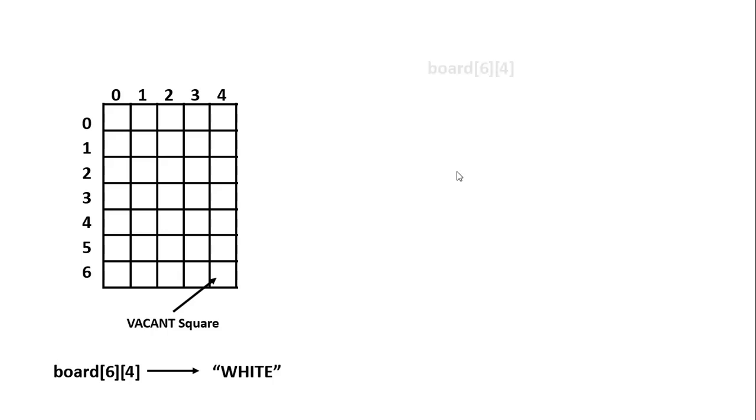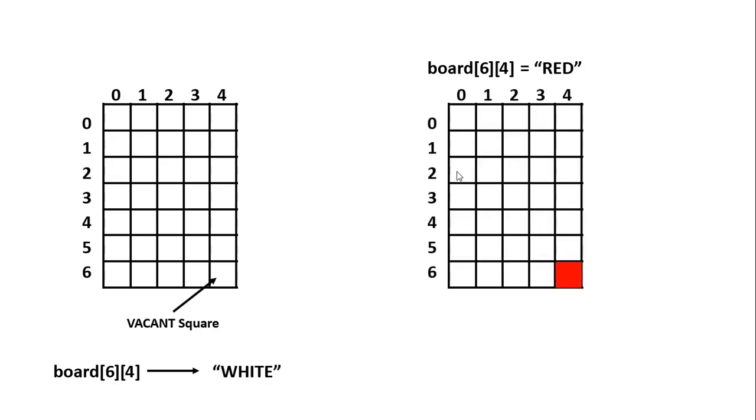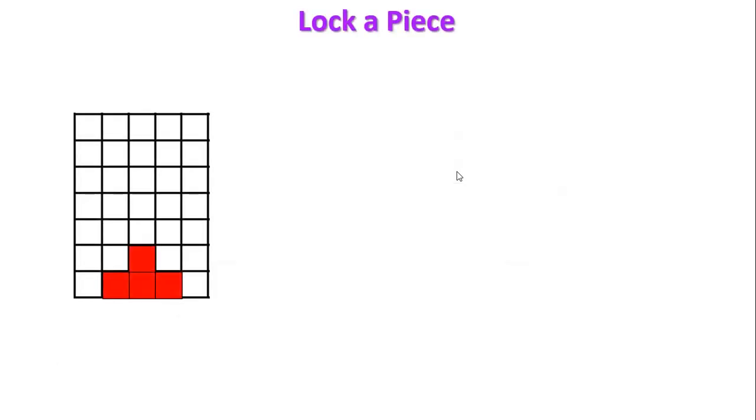Now if we say board with index 6, 4 equals red, and then we draw the board again, this will give us this. This is the idea behind how to lock a piece. Locking a piece means changing the color of the board squares. Let's say we have a piece here that must be locked.